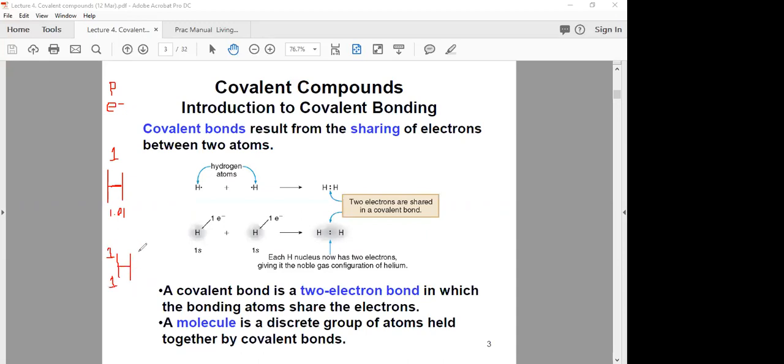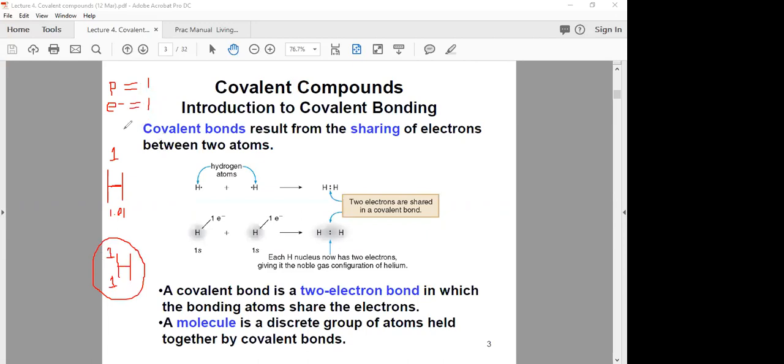With this representation of an atom of any element, we can calculate the number of protons, electrons, and neutrons. So, how many protons do we have in hydrogen? One proton, 1 electron.